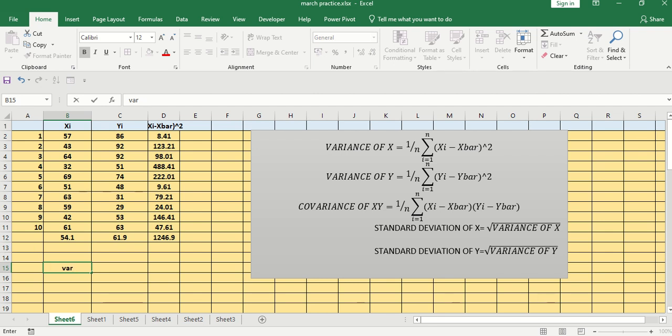Let's just write the variance of x is equals, now click the equal sign, then select the summation of xi minus x bar squared, then divide by slash the sample size, which is 10.